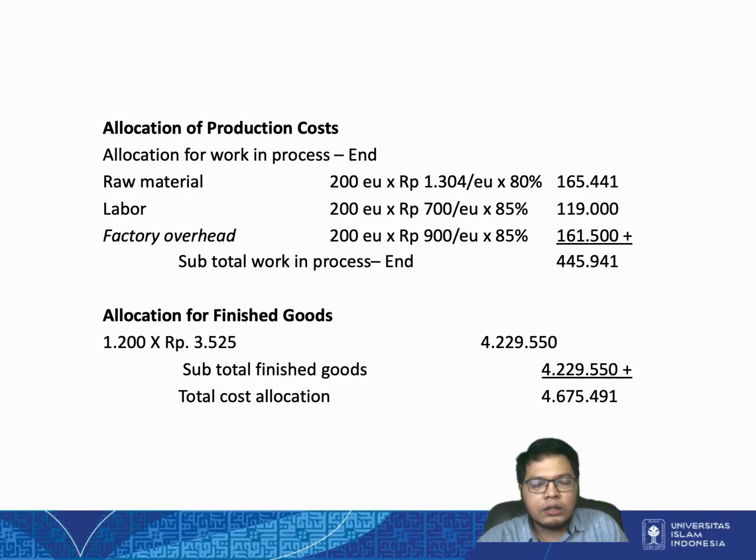For the ones still in work in process, the 200 EU, we multiply them differently according to each cost per equivalent unit and also the percentage that is being used. So we get this number, while for the finished good, we use the total cost per equivalent unit times the total finished good, and we get this one. Okay, then the total cost will be like this.